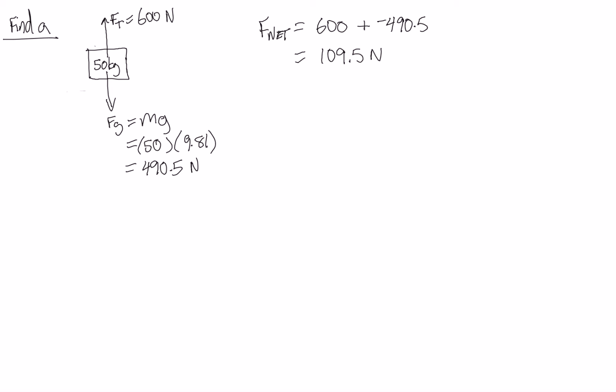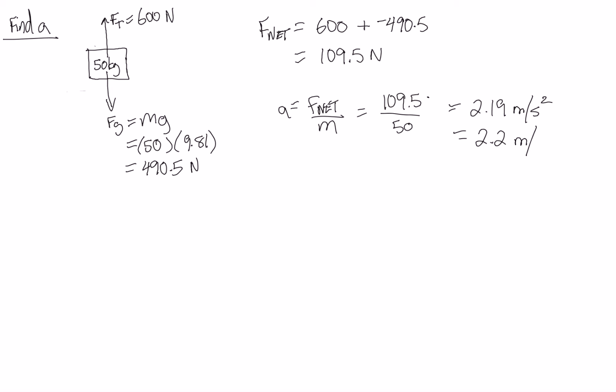Now that we know the net force, we can easily calculate the acceleration, because it would just be the net force divided by mass. So we'd have 109.5 divided by the 50 kilogram mass, and we get an answer of 2.19 meters per second squared. And in this case, our sig digs would be 2 digits, so we'd round it off to 2.2.